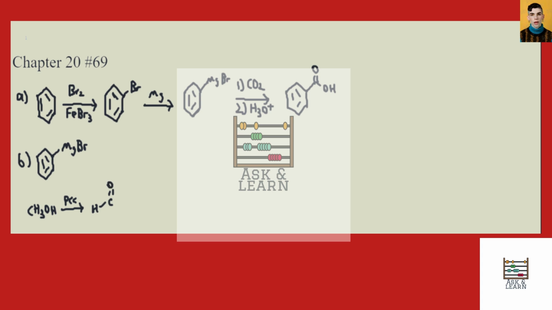And we do need to show how to do this just because we're told that we can use inorganic reagents and 3 carbon or fewer alcohols. And so this is starting from methanol and making the formaldehyde that we need. So then we can use this formaldehyde with our Grignard. So formaldehyde and then water.